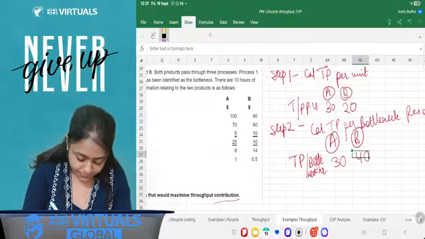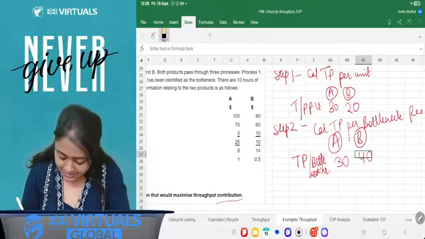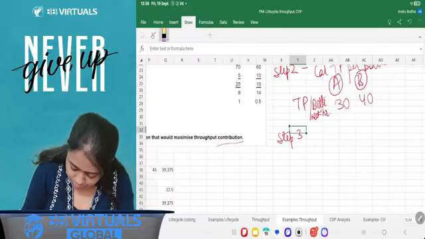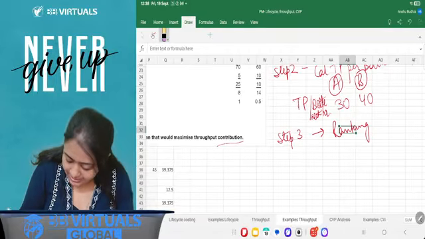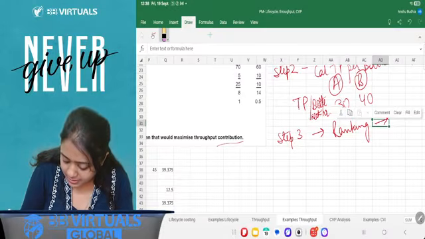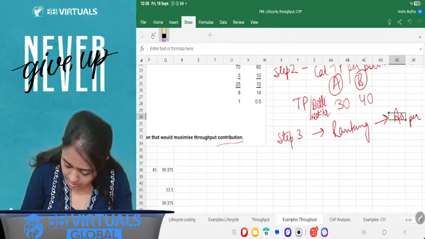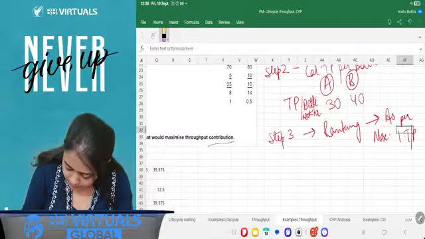So now you've got here, now third step is, so I will write here step 3. Step 3 is ranking. Rank the products as per maximum throughput.